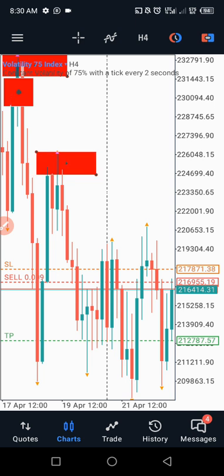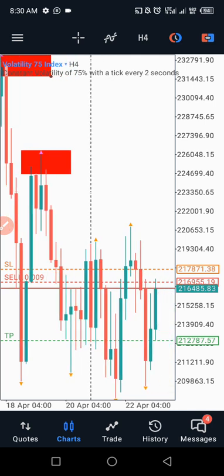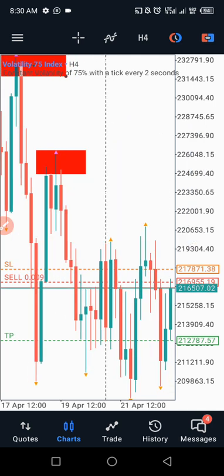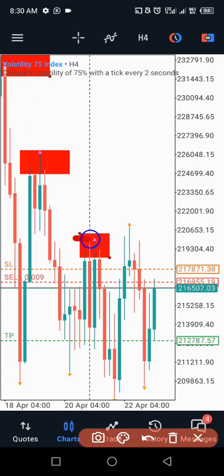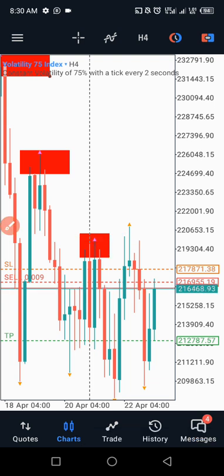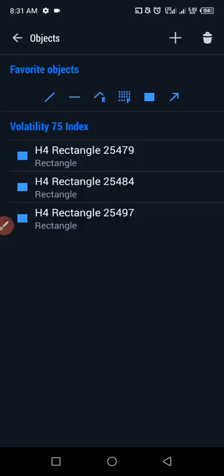Then price came and created another high here, and then price came and took out this high. That's what price has been doing for the past few days. So I'm going to draw out that particular level.